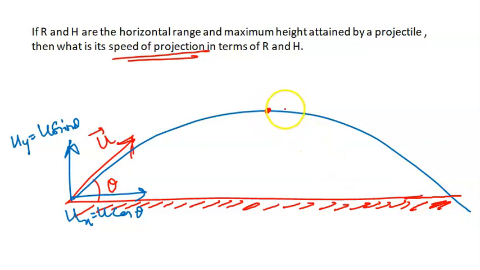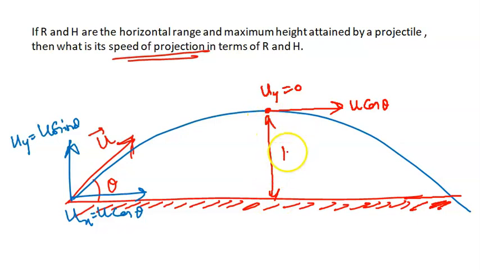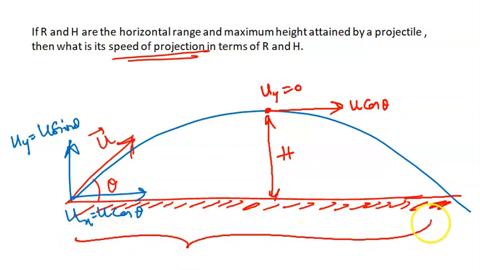At the maximum height, it will have only the horizontal component of velocity, u cos theta, whereas the final vertical component of velocity becomes 0. That height attained by the projectile can be called h max, which is given as H. And the maximum horizontal distance traversed by the projectile during the time of flight can be called the range. So here to here it would be the range.